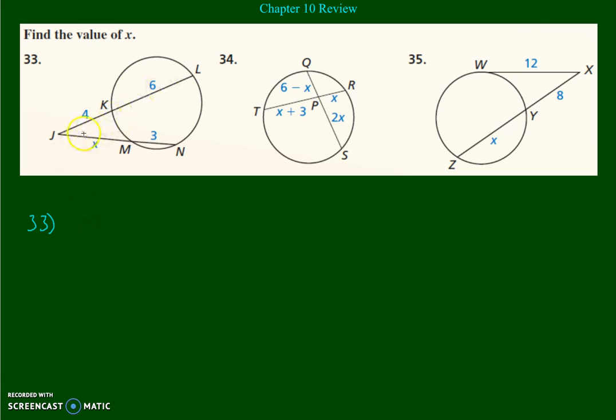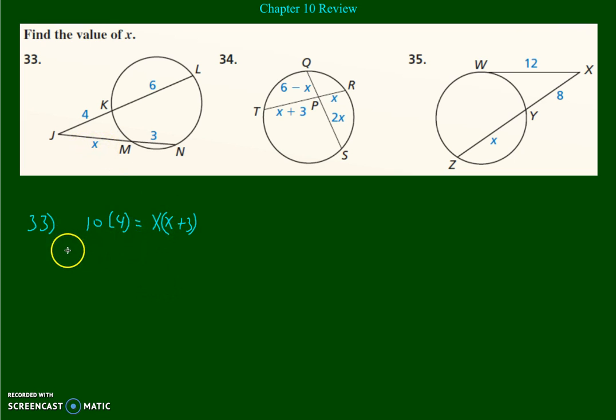The entire secant is 4 plus 6, so 10, times its external segment, 4, equals the entire secant segment, which is x plus 3, times its external segment, x.